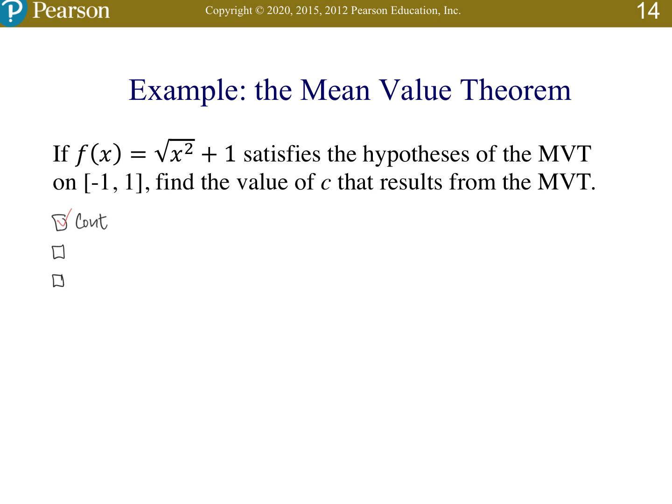Do I have endpoints? What are my endpoints given? Negative 1 and 1, so yes. Is this differentiable? Yes. You sure? You sure? Check the graph. It's not, because it was like that.